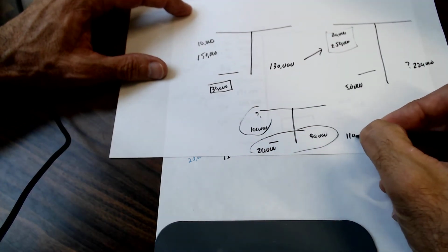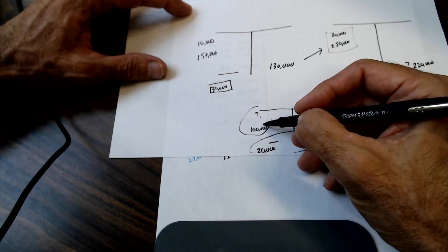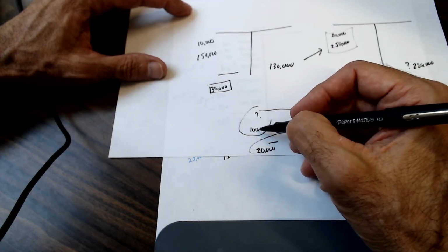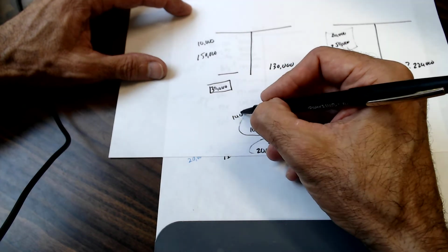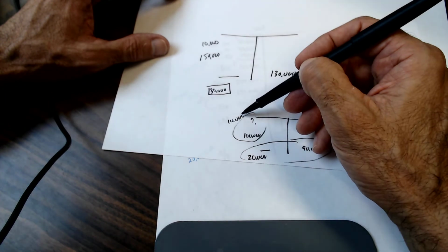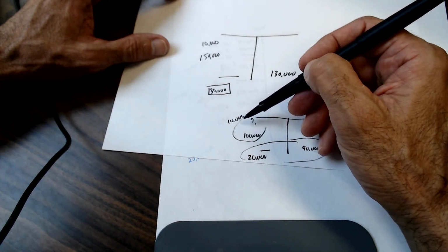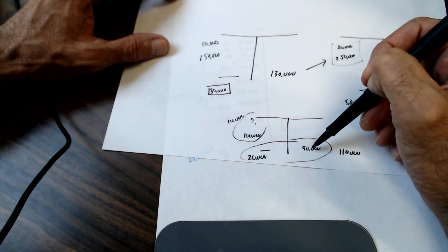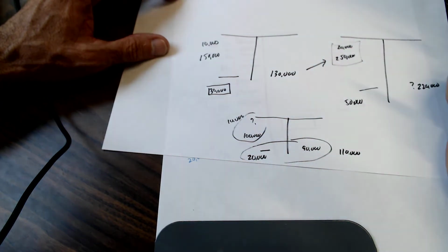These total 110, so these have to total 110. And if 100,000 is what I actually started this month, then 10,000 is what I must have started with. Now let's see if it makes sense. I started with 10,000 units. I actually began another 100, so there's 110,000. I finished 90, so there should be 20,000 still here.